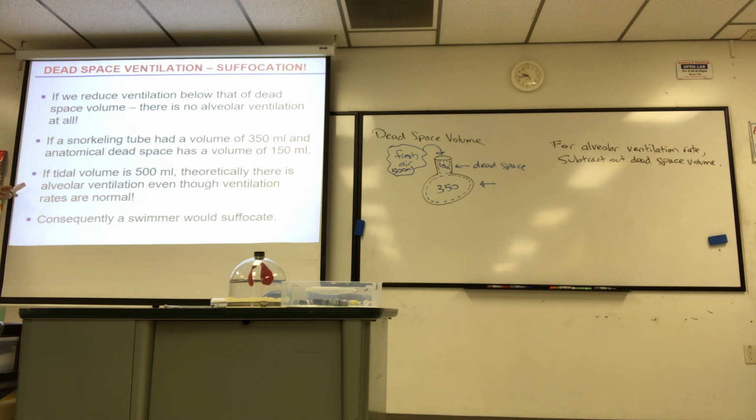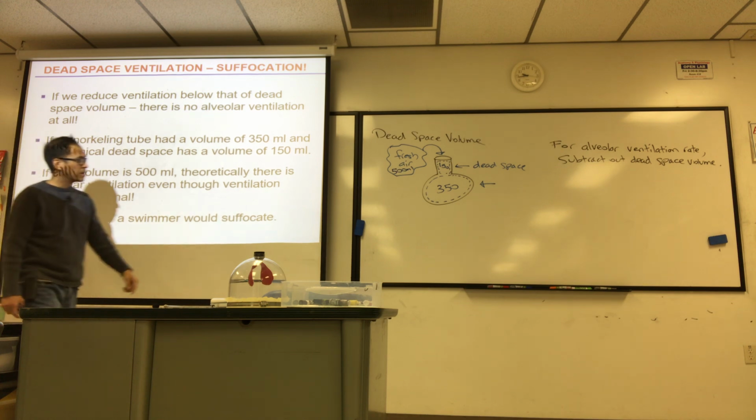So if tidal volume is 500, theoretically there's no alveolar ventilation, even though ventilation rates are normal. Consequently, a swimmer could suffocate.